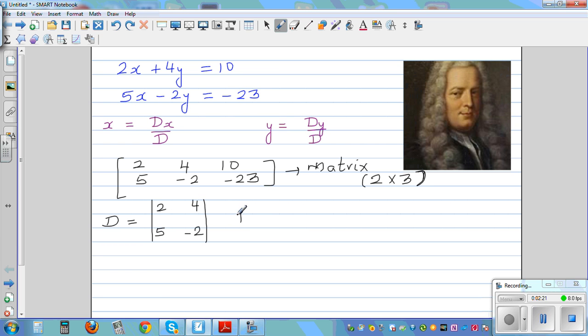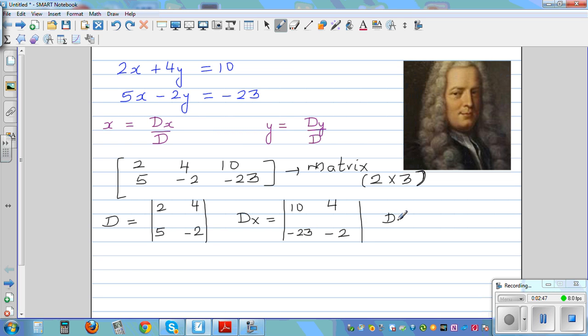So dx you write like this. You don't write the coefficient of x, you leave that blank, and you write the coefficient of y, which is 4, negative 2. And in place of the coefficient of x, you write the constant, which is 10 comma negative 23. You'll not understand what I'm doing now, but you just have to go through the motion.